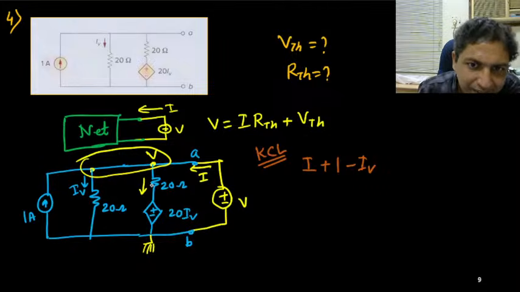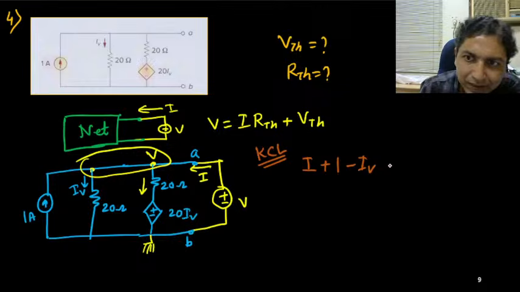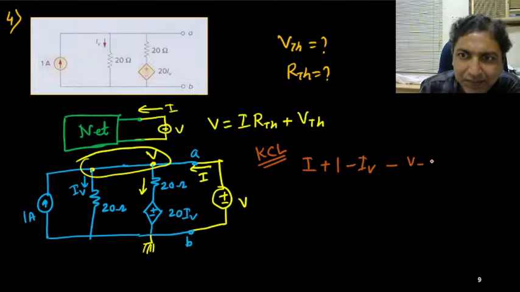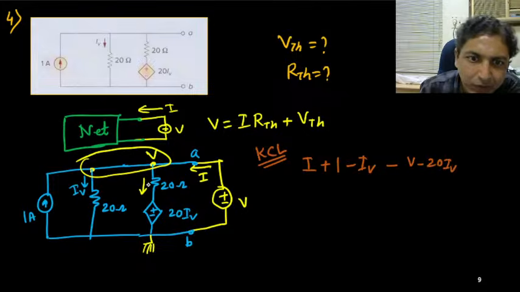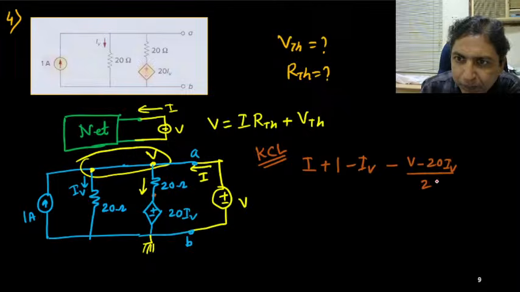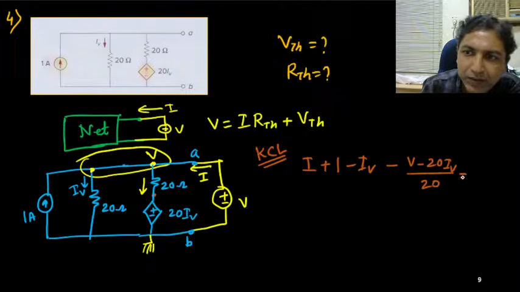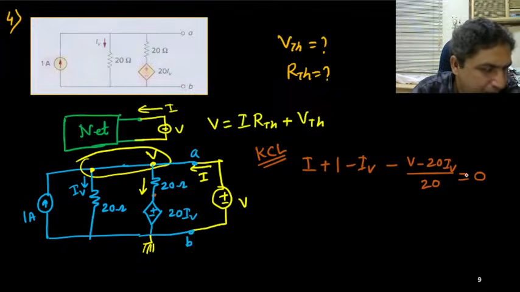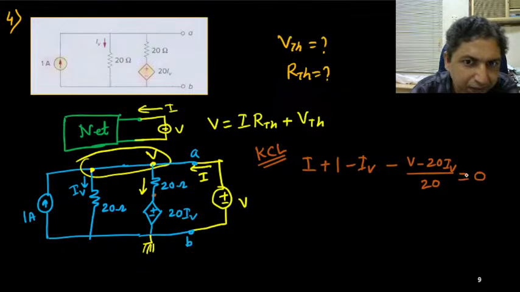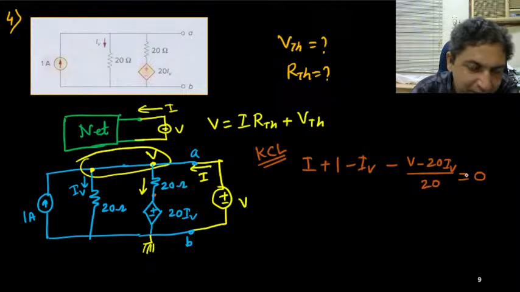Okay, and this current will be how much? V minus, this current is V minus 20 IV, because this potential is 20 IV, V minus 20 IV by 20, and that is equals to 0. This is the KCL. Are you convinced?